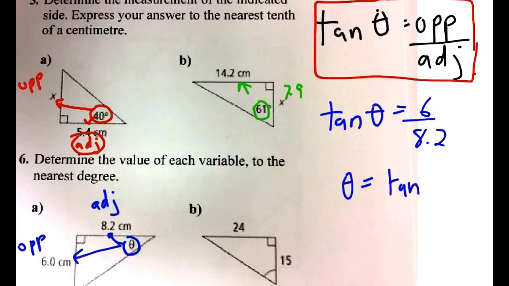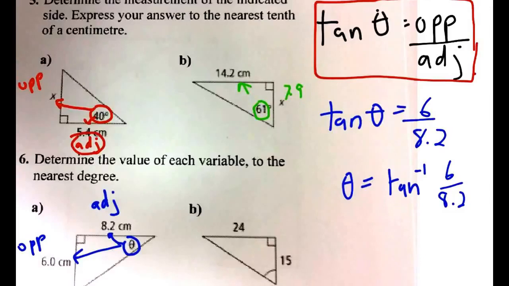So really what we've got to do is just get rid of the tan part, and on your calculator that's when you want to go shift or second tan. So you want to do the tan, and it has a little -1 on the top of it to remember that you're doing the opposite, and then 6 divided by 8.2. So we just do the reverse of the tangent, so second tan 6 divided by 8.2. You might need to put brackets. I'm just going to redo mine because I think I forgot brackets.